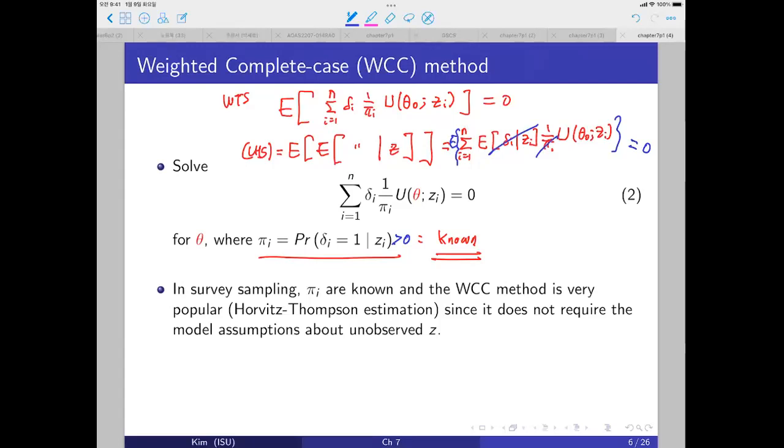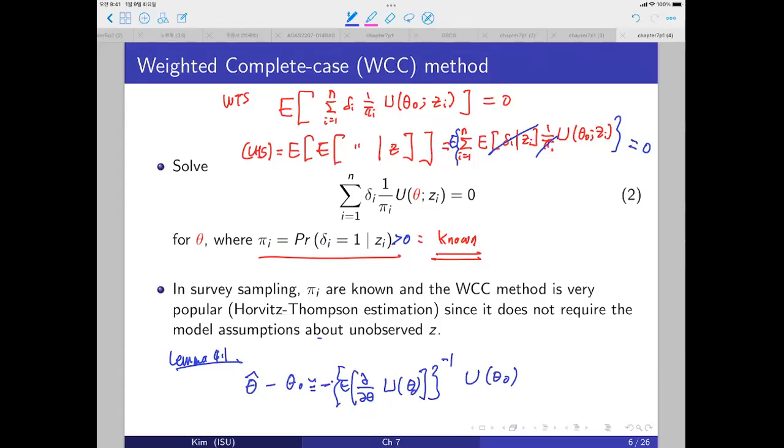Another way: if you remember lemma 4.1, roughly speaking, this is about the property of the solution to the estimating equation. Theta hat minus theta null is approximately minus the inverse of the derivative of U at theta null times U(theta null).